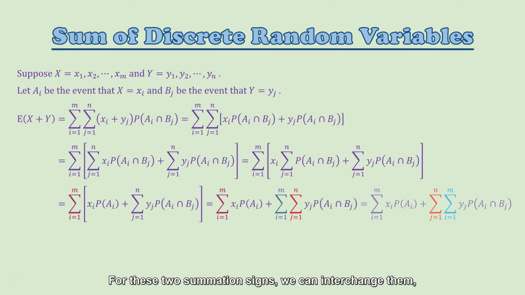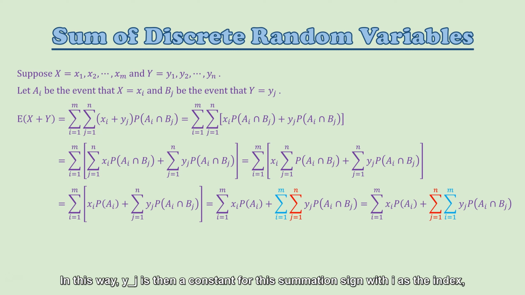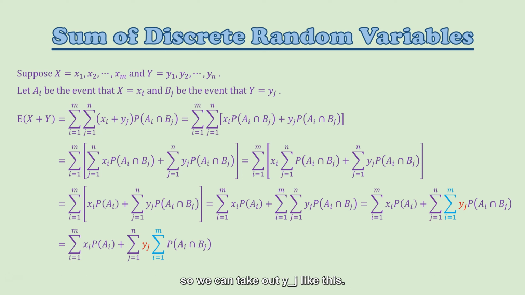For these two summation signs, we can interchange them, because this will just affect the order of the summation of terms, but the order of summation will not affect the final sum. In this way, yj is then a constant for this summation sign with i as the index. So we can take out yj like this.